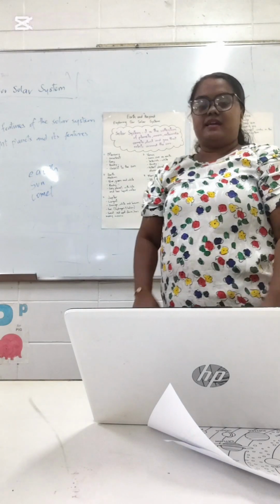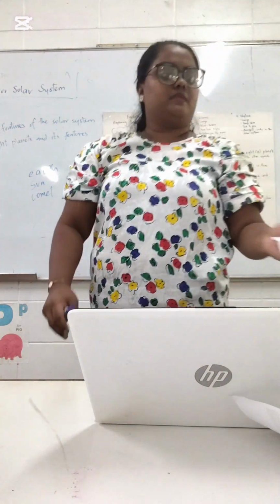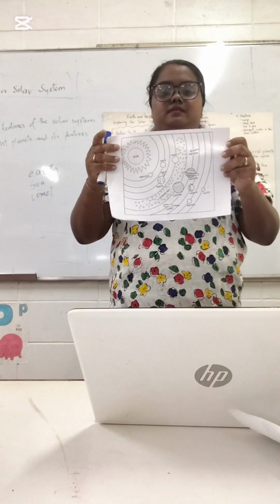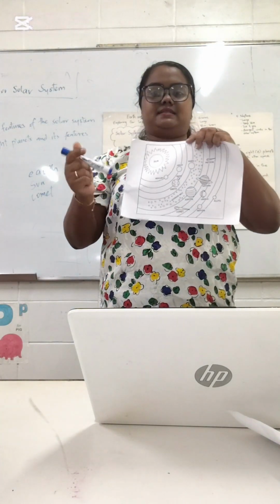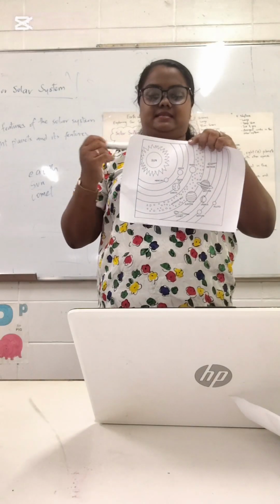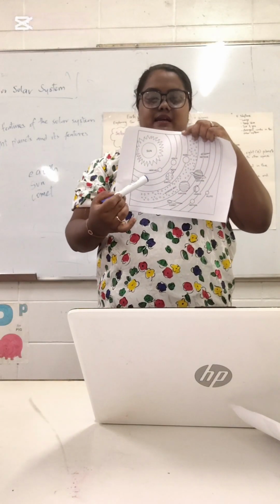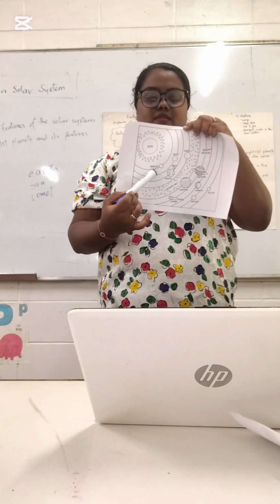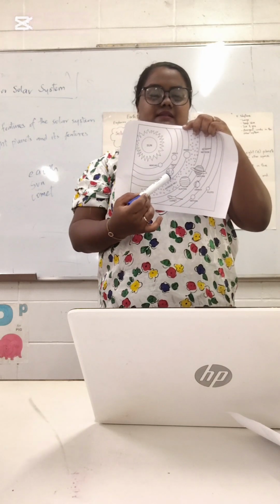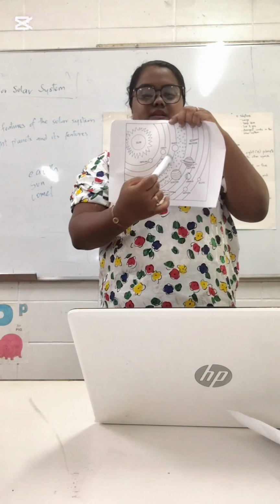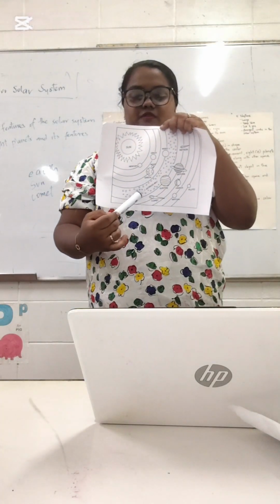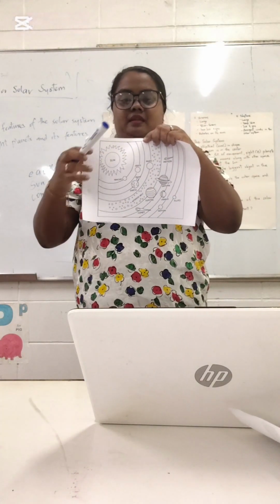Right. So as we go further, this is our solar system. Its center is the Sun. These are our inner planets, and these are our outer planets. And this is the asteroid belt. It is made up of dust particles.